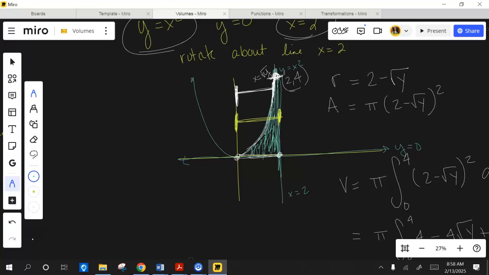Yes. This is my hole. Okay, this time I have a hole, so I have to take that into account. So this time I have the radius of the hole, which is 2.